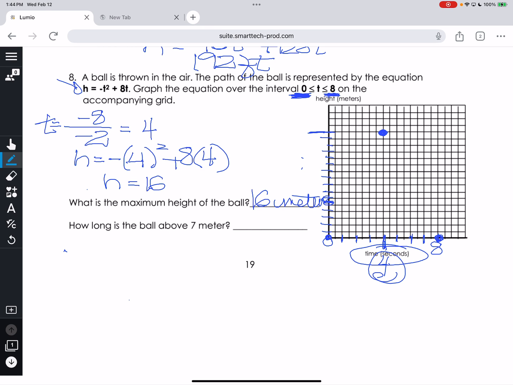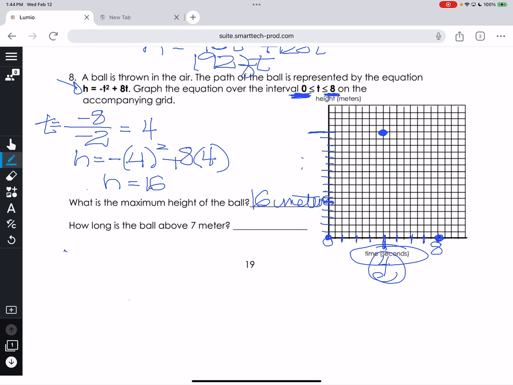So, the next question. How long is the ball above 7 meters? What is meters referencing? The height. So, we have a variable for height. What variable do we use for height?